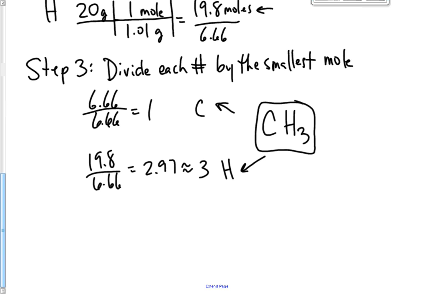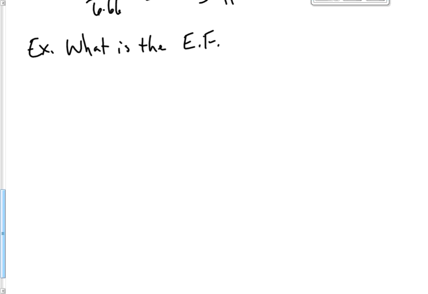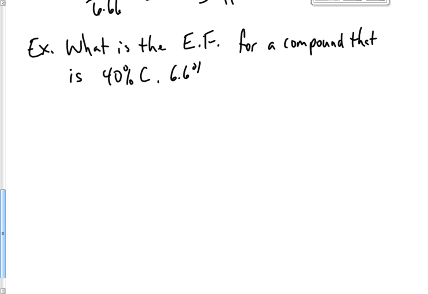Okay, let's do a couple more examples. So the question is, what is the empirical formula for a compound that is 40% carbon, 6.6% hydrogen, and 53.3% oxygen?